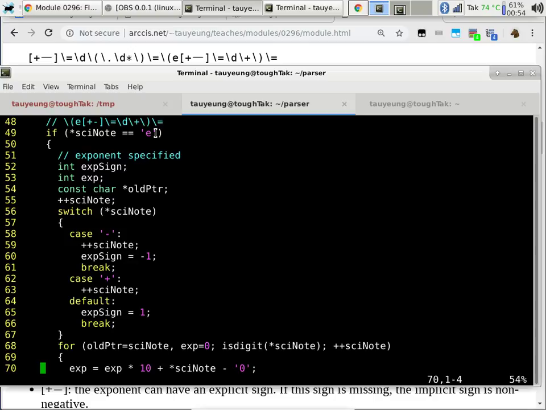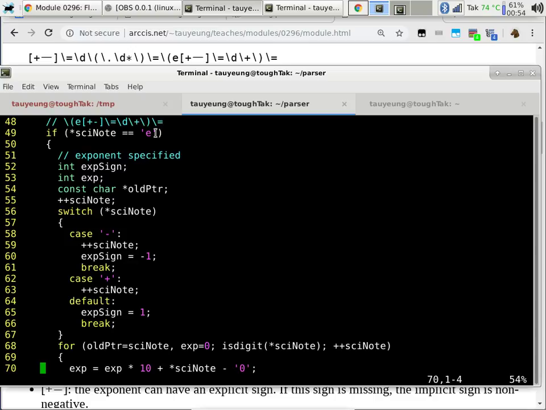On line 55, I'm just skipping over the lowercase e itself, which is not a part of the value. It's nothing more than an indicator to say that, yep, we have an explicit exponent to this scientific notation. And then I use the same technique, basically, as earlier. I look at a digit, I look at a character that I'm looking at.